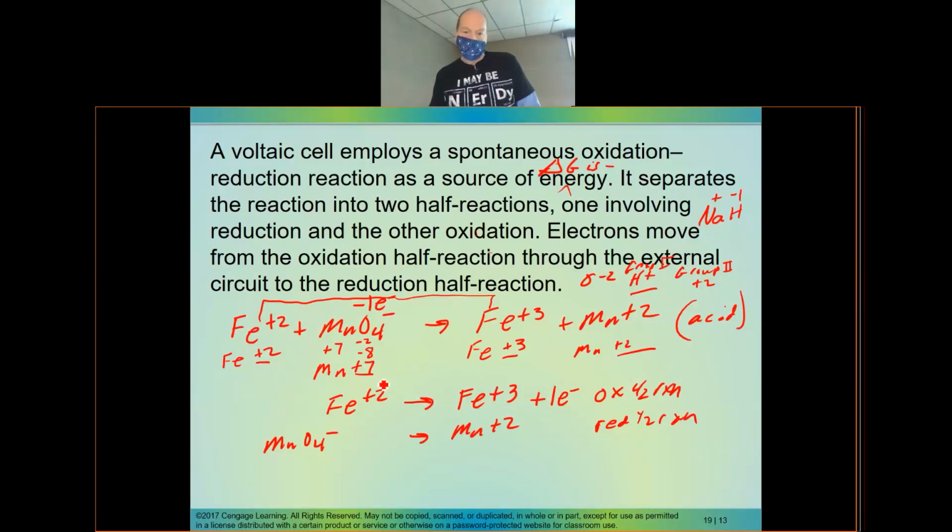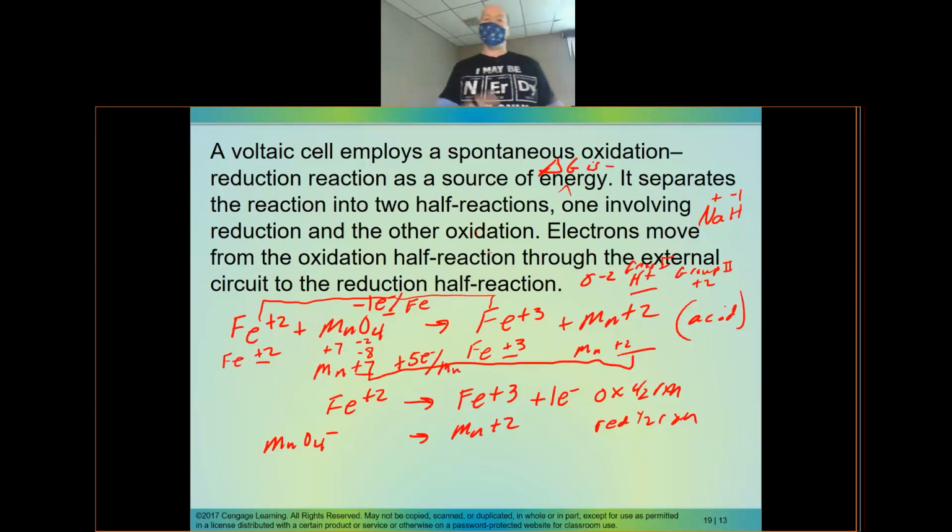When I see my Mn going from a +7 to a +2, I know that I have to add 5 electrons to that, because +7 minus 5 gives us a +2. What I'm going to put up here is this is per iron, and this is per Mn. For every iron, I have to lose 1 electron. For every Mn, I have to gain 5 electrons to go from a +7 to a +2.